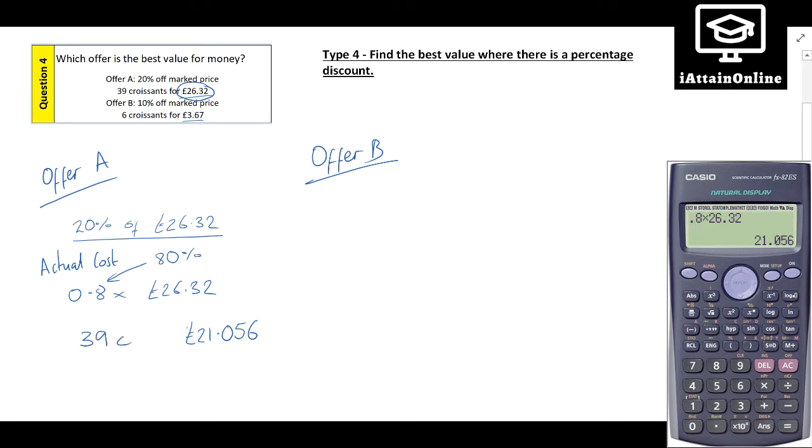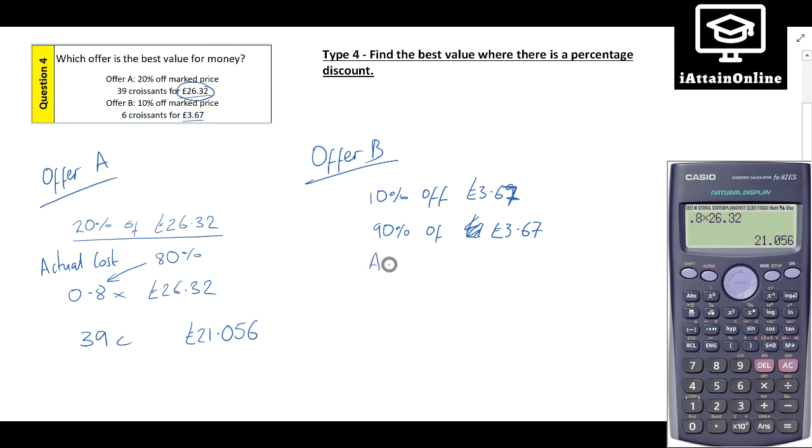So that's offer 1. Offer 2, I'm getting 10% off £3.67. Remember, that is the same as 90% of £3.67, so that should be 0.9.